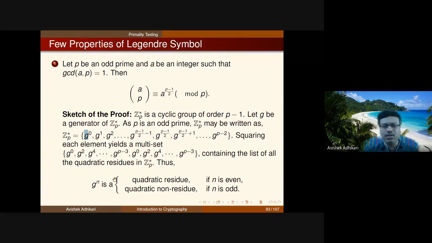We have seen that g to the power n is a quadratic residue if n is even, and a non-residue if n is odd. Based on that, this result can be proved very easily. So this is a very handy thing to calculate.